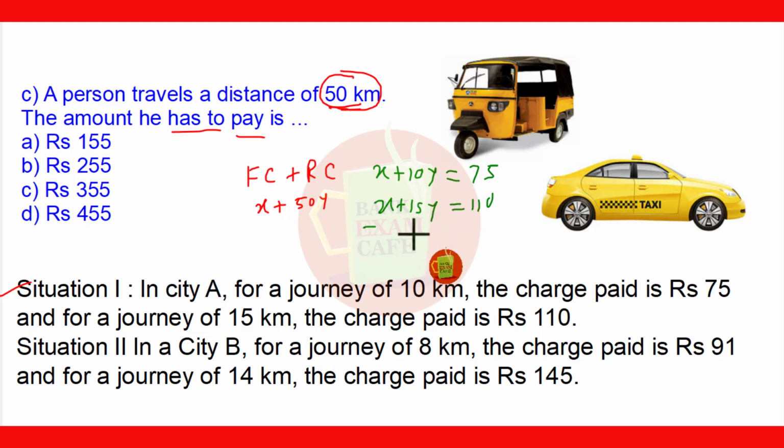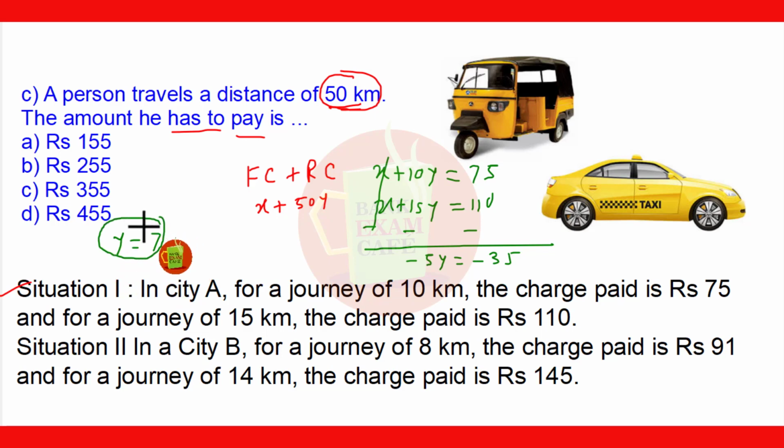So here we will subtract these two equations and X will get cancelled. So this will be minus 5Y equal to minus 35. And therefore friends, Y is equal to 7. That is the running charge we have got as 7 rupees per kilometer. And the fixed charge we will have to calculate.